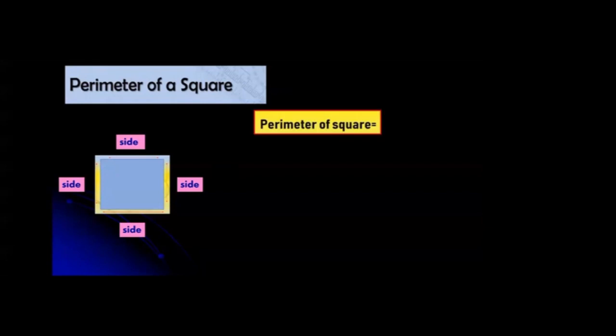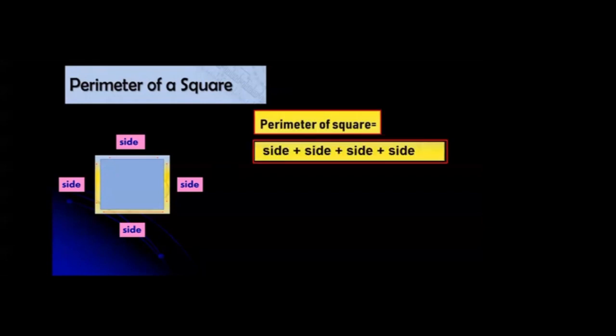So, perimeter of a square will be side plus side plus side plus side. Here, children, you can see the side is coming 4 times. Why? Because the sides of the square are congruent to each other. The same number is repeating 4 times.